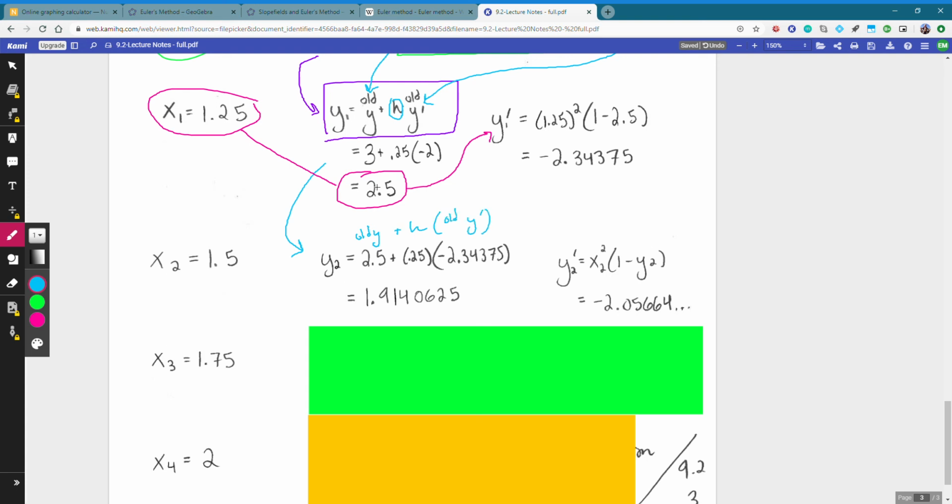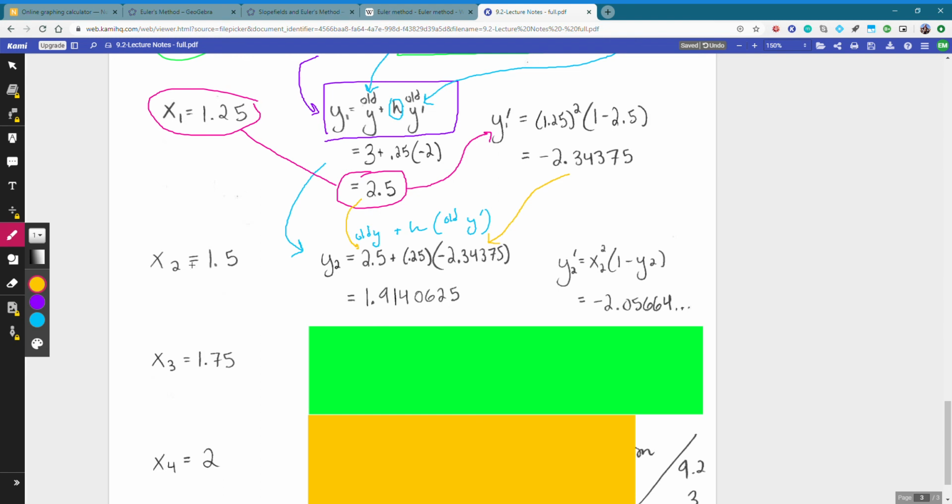And so now our old y value is this 2.5. That gets plugged in there, there's our h, and our old y prime gets plugged in right there. We're always just grabbing from the point that we're bouncing off of. And so working that out, we get something like this.